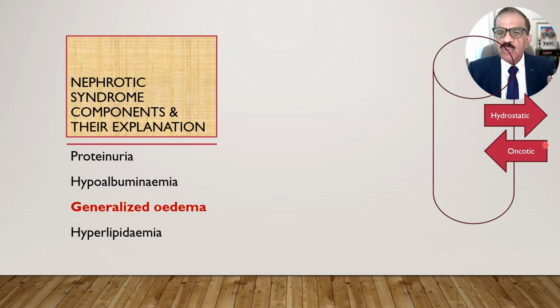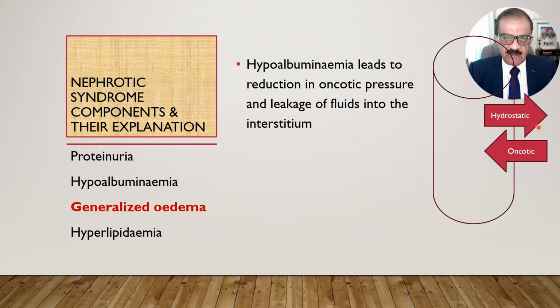Of course it will happen in the entire body, but in the dependent parts, like when you are erect, your ankles would be dependent, or when you are supine, maybe your sacral region will become dependent, and also the scrotal sacs. These are dependent parts, so there would be more accumulation of fluid in these areas.